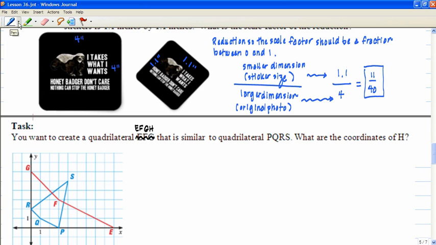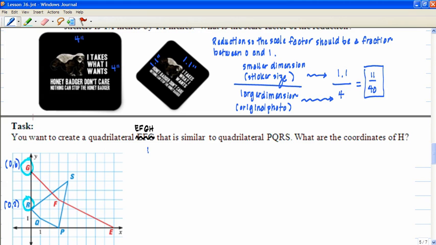All right, so let's look at the corresponding parts. I'm looking at this shape here with a little bend on the bottom of it between R, Q, and P. And it looks like R corresponds to G. So R is at the point 0, 2, and G is at the point 0, 6.